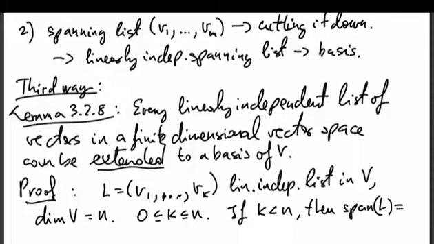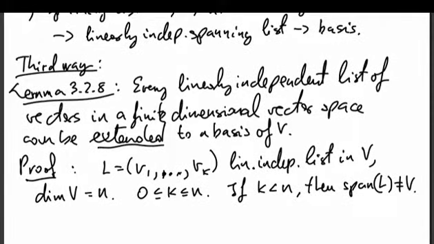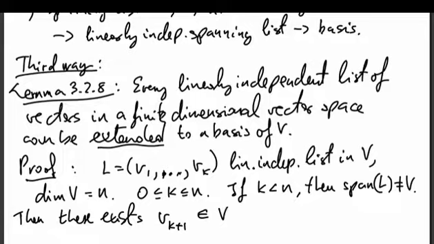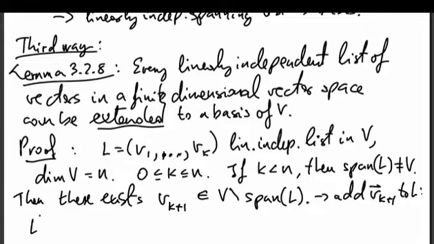So the span of L is not V, which means there exists a vector Vk+1 which is in V, but not in the span of L, in the set V minus the span of L. And then we add this Vk+1 vector to L to get a new list with vectors V1, ..., Vk, Vk+1.